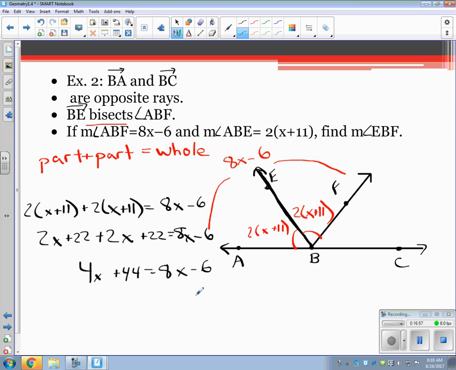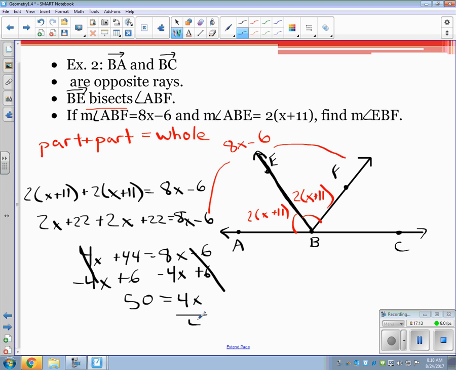Variables on both sides, so let's move the 4x over. Same time, why don't we go ahead and add the 6 over as well. So cancel that out. Got 50 equals 4x. We could divide by 4. Cancel, and if you take 50 divided by 4, we'll find out that x is 12.5.